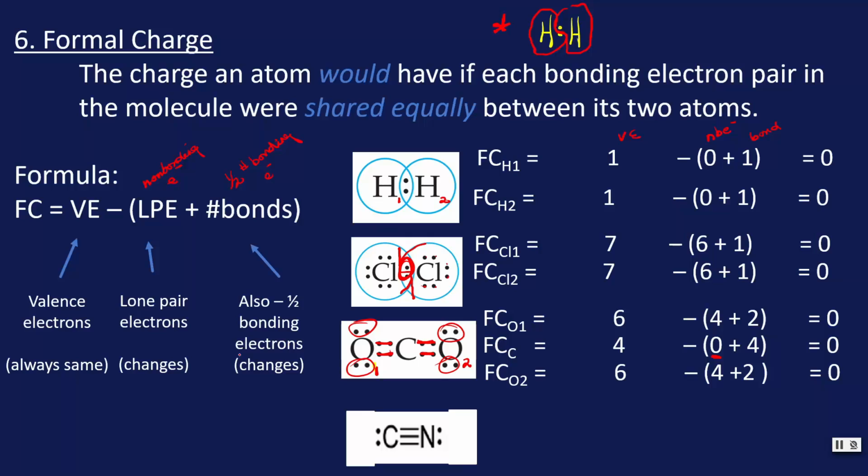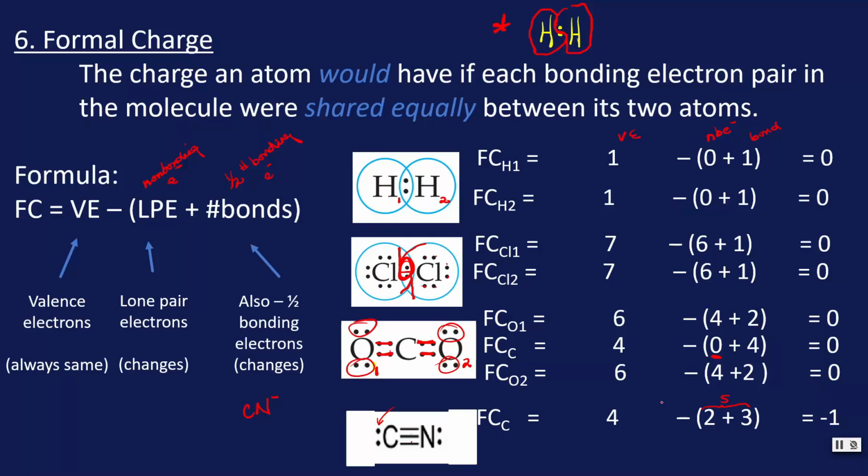Cyanide. Well, cyanide is actually a polyatomic ion, and we're going to check its formal charges out. So the formal charge for carbon, 4 valence electrons, minus, it has 2 non-bonding electrons, plus 3 bonds, 1, 2, 3. So 4 minus 5 is -1.